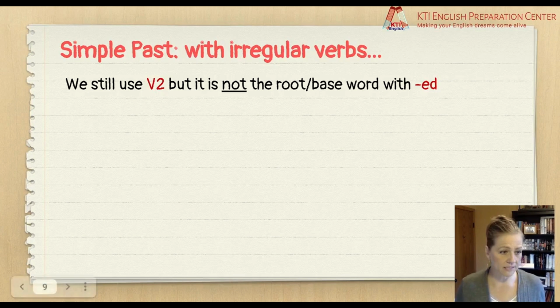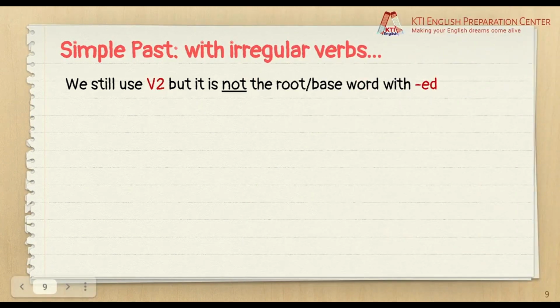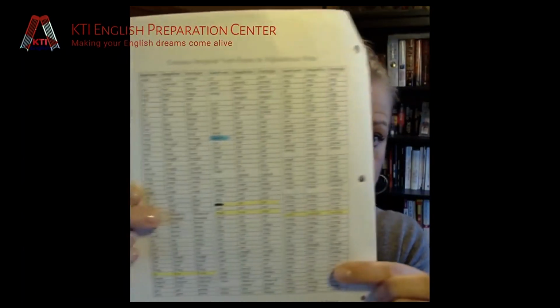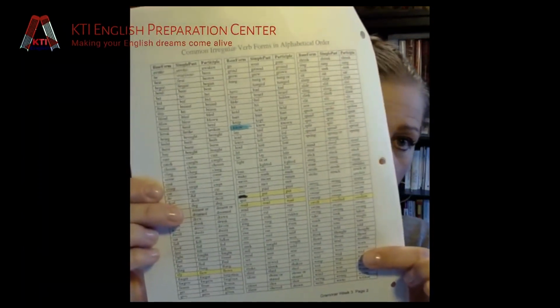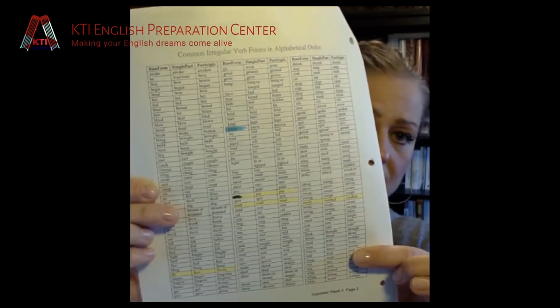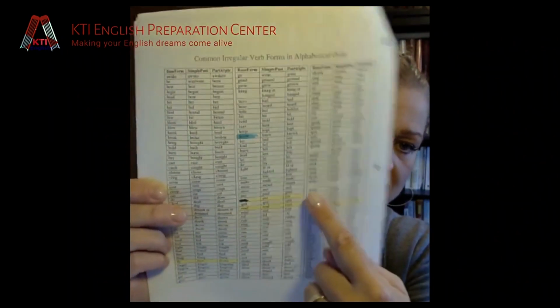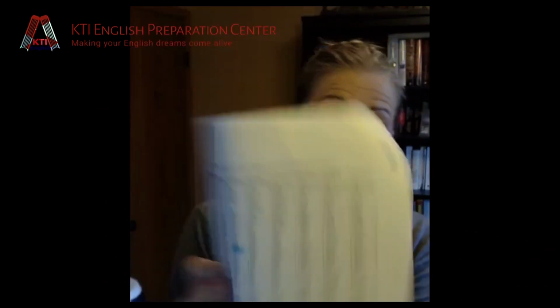I'm just going to go quickly to my display here. Oops, wrong one. Okay, so here's, for example, the list that we use in class. Common irregular verb forms in alphabetical order. I got some highlighted here because, for example, to put something away, I put my shoes on the rack.